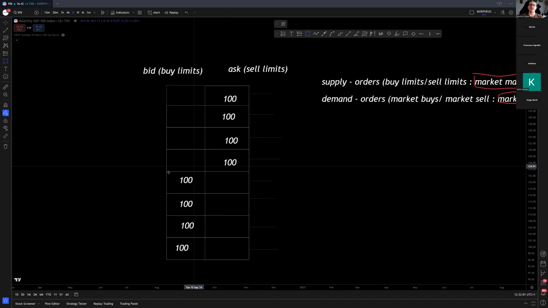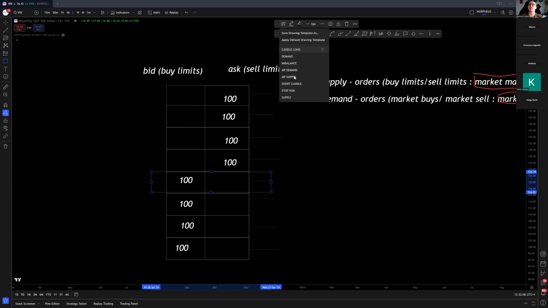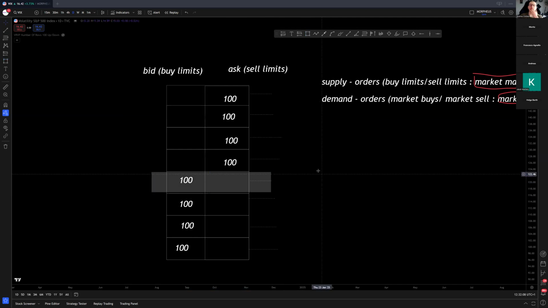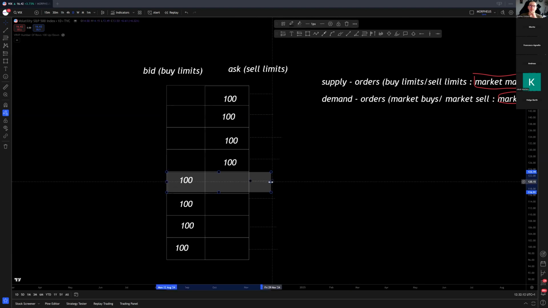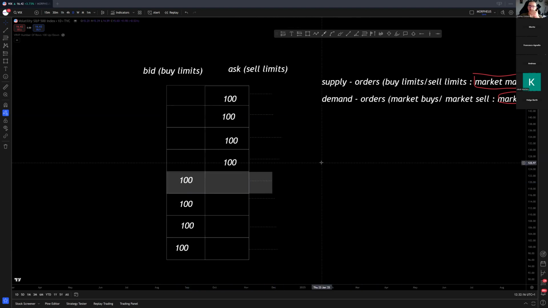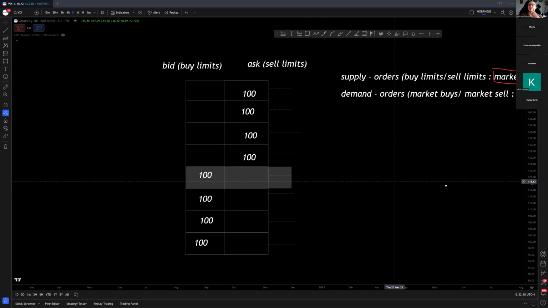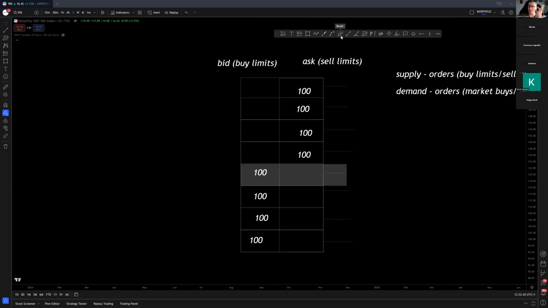So let's say this is the last price. This is the current price, let's say, okay? Let's give it a color. Which means this is the last tick where at least one contract was executed, was traded. We don't have a way to see aggressive participants before they buy or sell something.